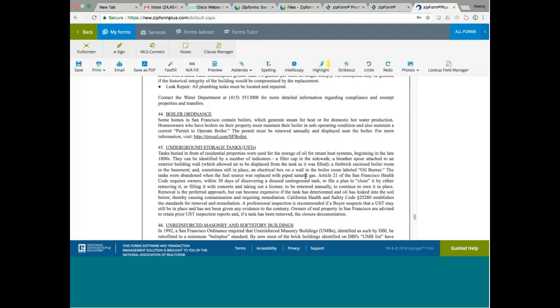So some of these buildings are very, very old. Like my listing, it was actually built in 1908. So we actually had to figure out if there's any underground storage tank or not.